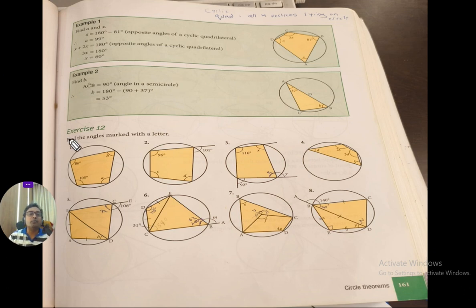Now we are coming to the questions. Here the questions say find the angles marked with a letter. What letters are given? Now question number 1, find B and C. B plus this angle 105 is equal to 180, because opposite angles, the sum of the opposite angles is 180 degrees.